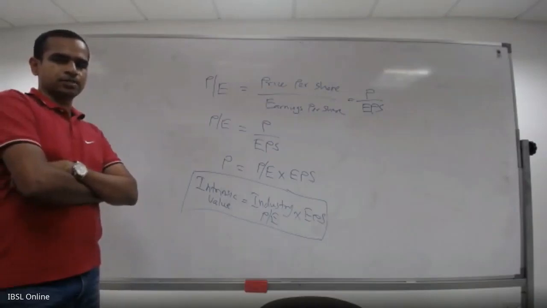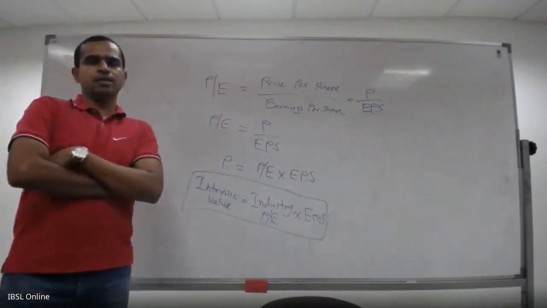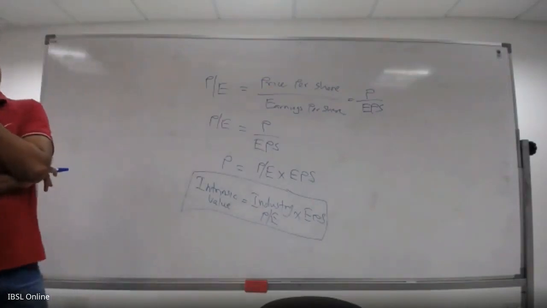Price is $50. Earnings for the last 12 months, $2 per share. Average trailing PE for the firm's industry is 32 times. You are asked to calculate intrinsic value of a share and decide whether it is undervalued, overvalued, or fairly valued.